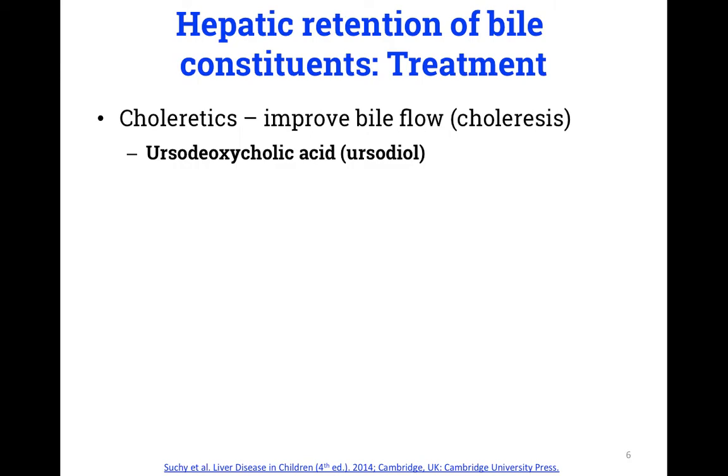These are agents that improve bile flow, also known as choleresis, and ursodiol is the best studied and has the best evidence for it, and is a generally safe medication to use. Ursodiol is actually a naturally occurring bile acid in humans, but it only comprises under 3% of the bile acid pool. However, it's increased to probably 40% of the serum bile acid concentrations when patients are on ursodiol.